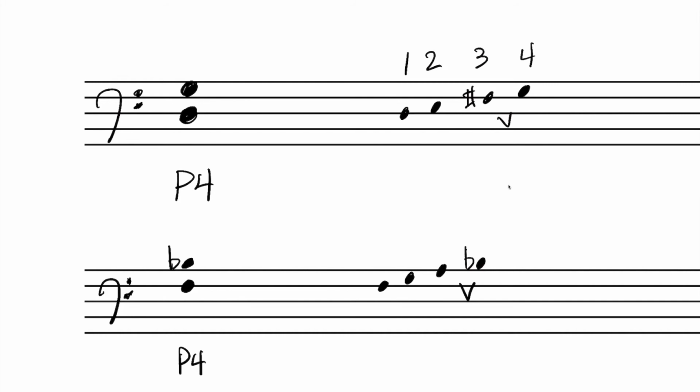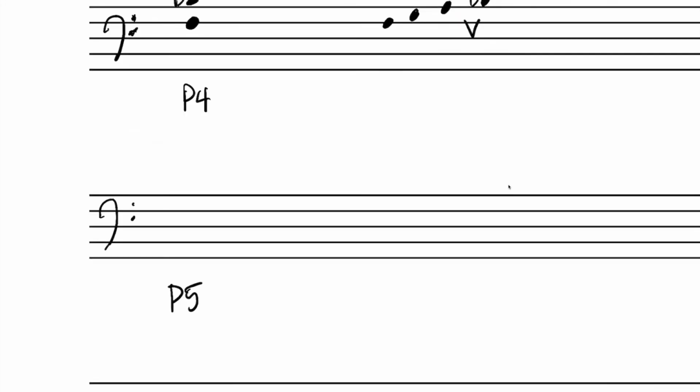Let's try one more. This time I want a perfect fifth, and the lower note is going to be E. So we'll use a similar process, but instead of stopping at scale degree 4 of the E scale, we are going to stop at scale degree 5. Whole, whole, half, whole. That gets us to scale degree 5.